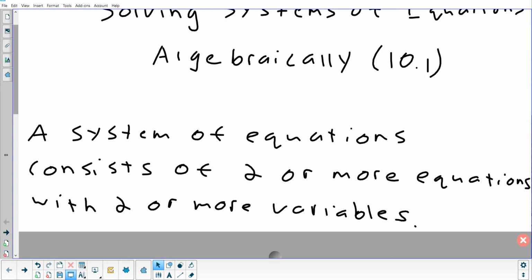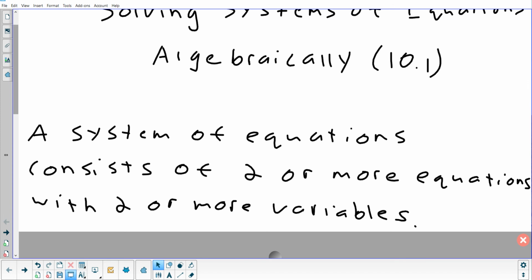And the types of problems that we're going to be solving are all going to have at least two variables. Okay? In order to have a system, you have to have two variables. And in general, you don't always have to have the same number of equations as you do variables, but then weird things can start to happen.